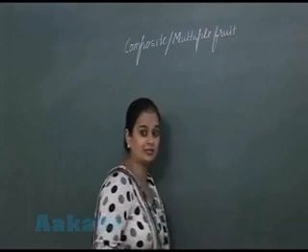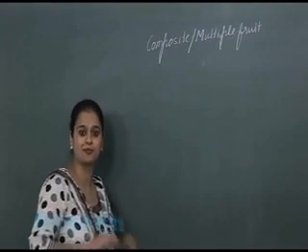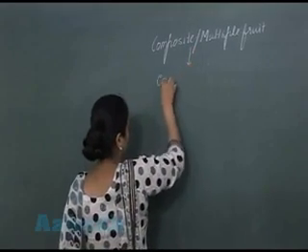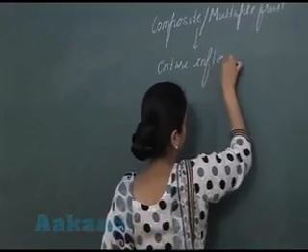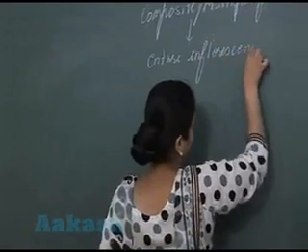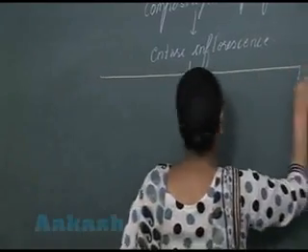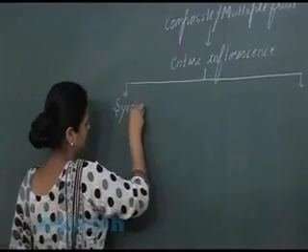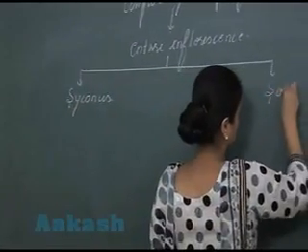I had already discussed in the previous class that multiple fruit is formed from the entire inflorescence. Here two types of composite fruit I will be discussing. One is Syconus and the other one is Sorosis.